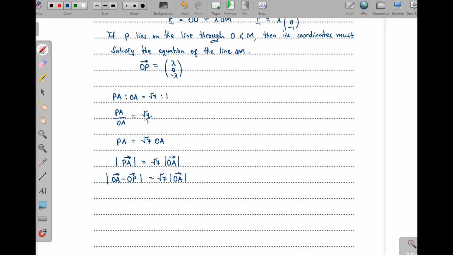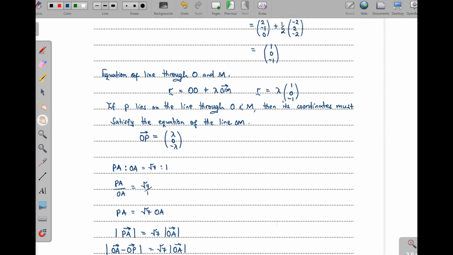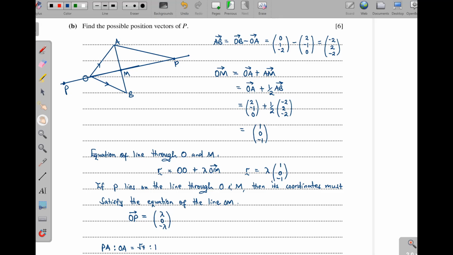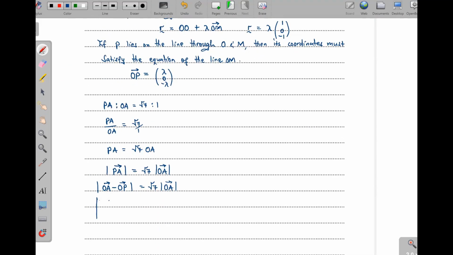We proceed. Our OA, and I put the modulus here. Our OA, I think we got it here. OA is 2, negative 1, 0. So 2, negative 1, 0. Then OP is this one here. Lambda, 0, negative lambda.